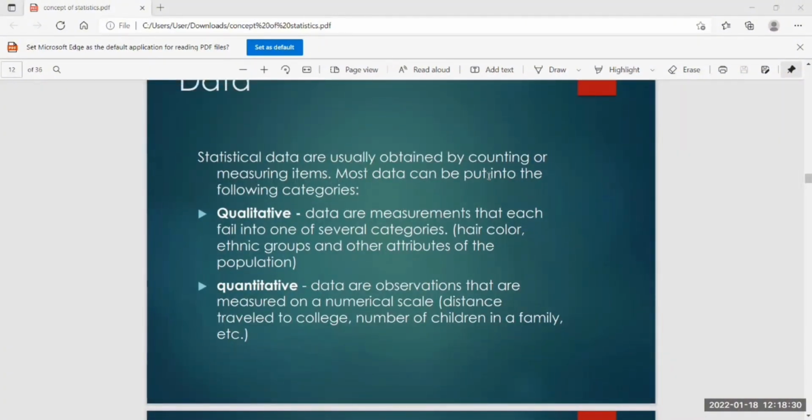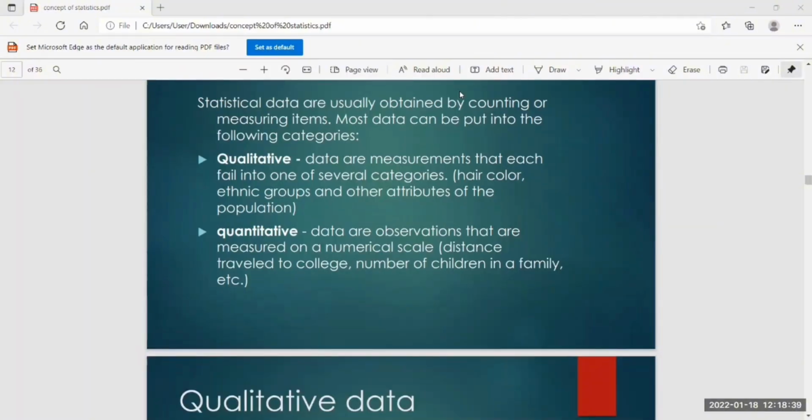Statistical data are usually obtained by counting or measuring items, and most data can be put into the following categories: qualitative and quantitative. So, qualitative can also have data, all right? A simple example is the hair color of the ethnic group, attributes of the population, or a simple qualitative data can also have a mathematical percentage.